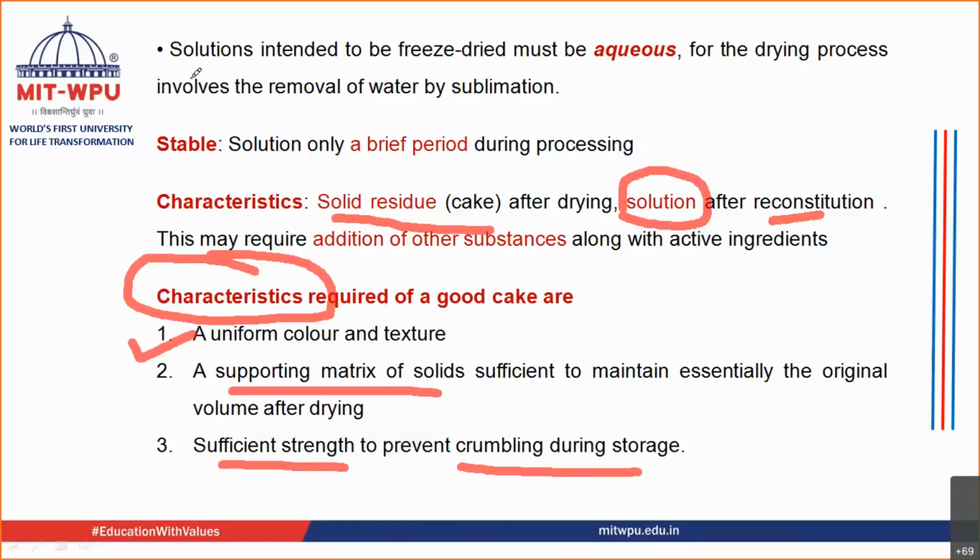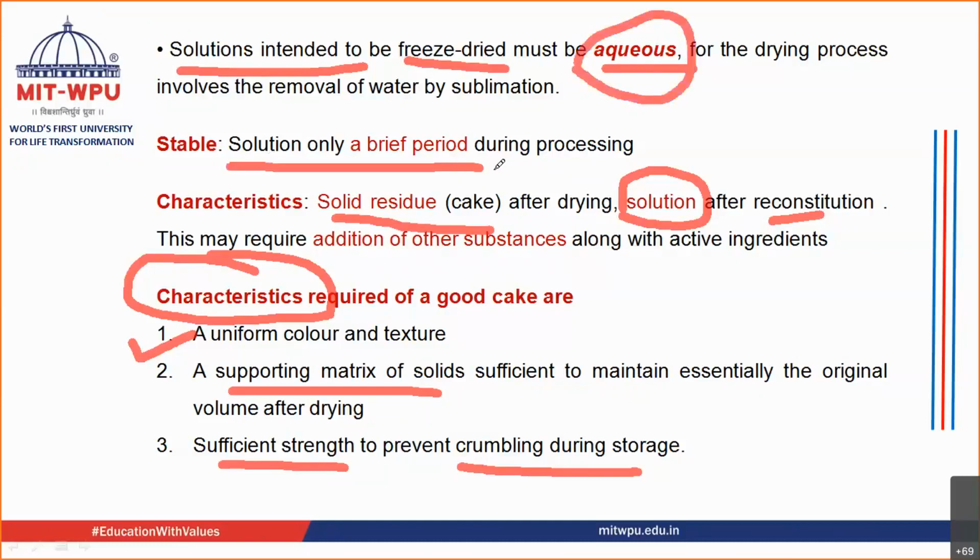Usually whenever you are preparing solutions that are intended to be freeze dried, aqueous solvents are used for this process. Now you will be saying that as you are using an aqueous solvent, there are chances of hydrolysis. The chances of hydrolysis are very small, as the solution form exists for just a brief period of time.